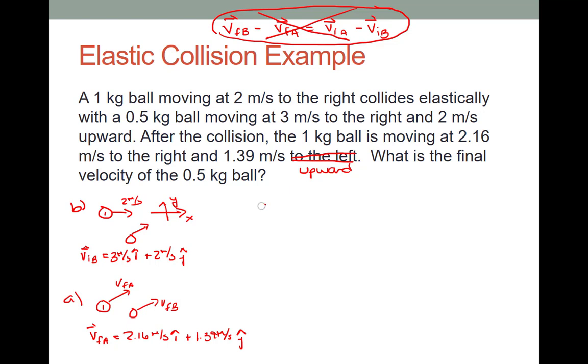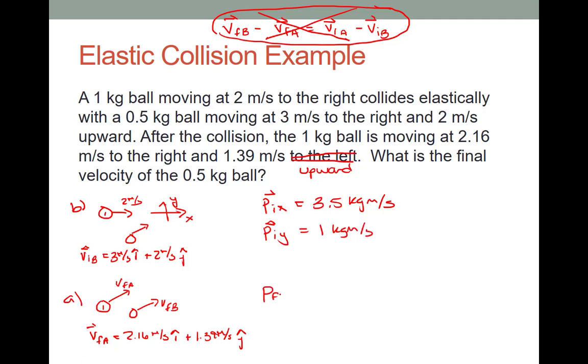Okay. Because the setup is the same, I'm just going to write down the answer here, that the x component of the initial momentum was 3.5 kilogram meters per second. And the y component of the initial momentum is going to be 1 kilogram meter per second.